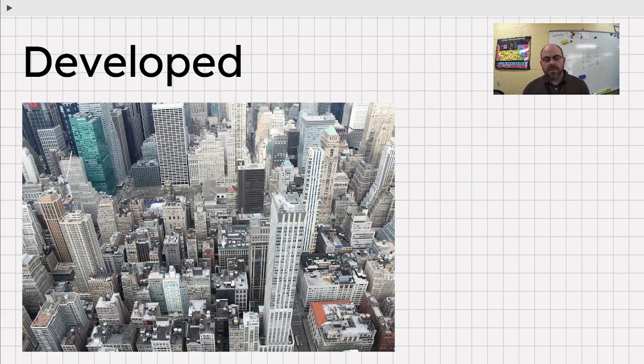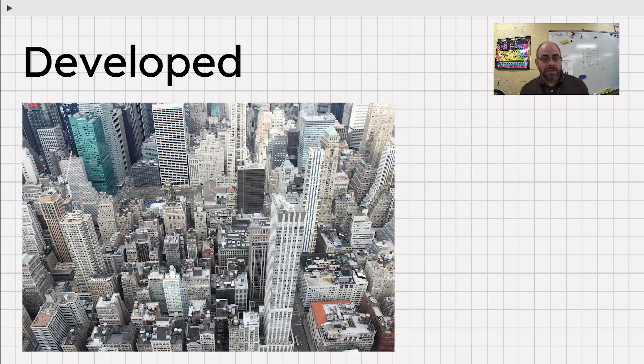Developed countries, we use a stereotypic picture of skyscrapers to talk about developed countries. Lower mortality rate, infant mortality. Why? Hospitals, grocery stores, places like that, right? Nutrition is going to increase, sanitation is going to increase, medical care, greater access to education, healthcare, family planning, all those things we've talked about. Idea of urbanization. What is urbanization?